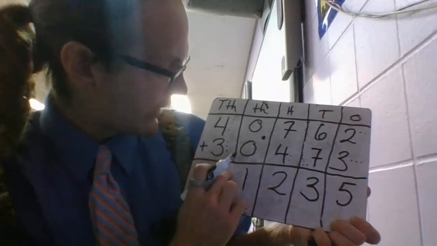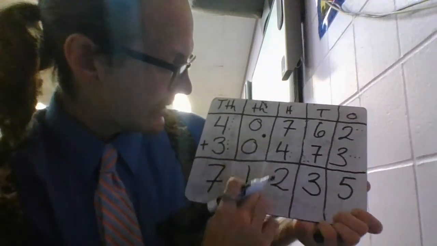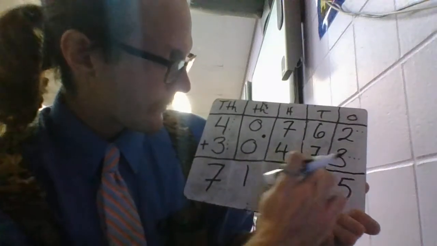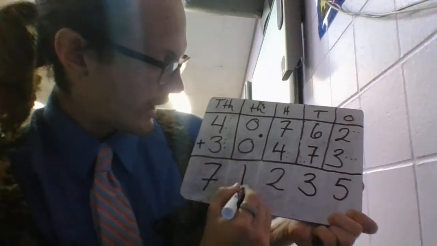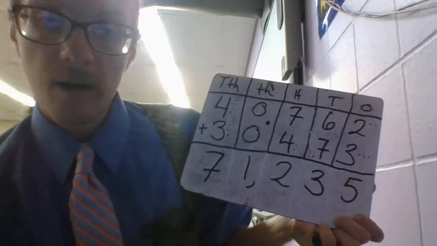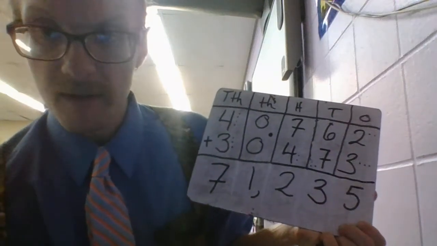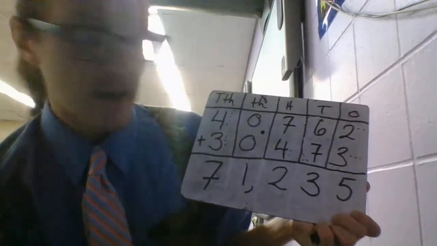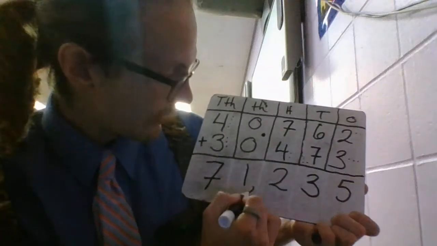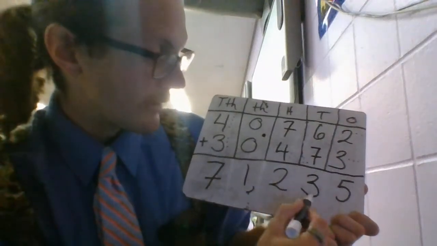If we get rid of these lines here and add our comma, our answer is 71,235. 71,235. Let's do one with no dots.